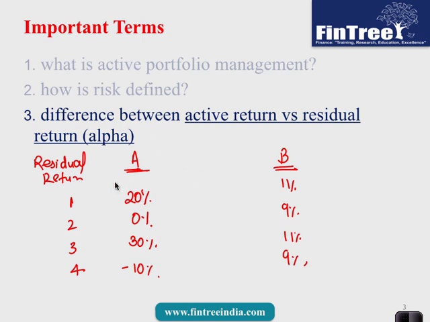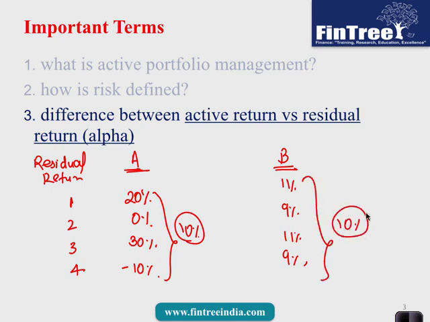Now we decide to calculate an average residual return for these portfolio managers. So what would be an average of this value? Average of these would be 10%. And what would be an average here? So 10%. So from a residual return perspective, both the managers seem to be doing a good job.